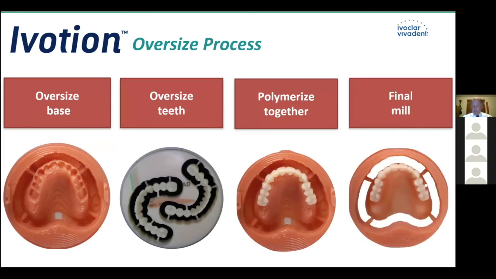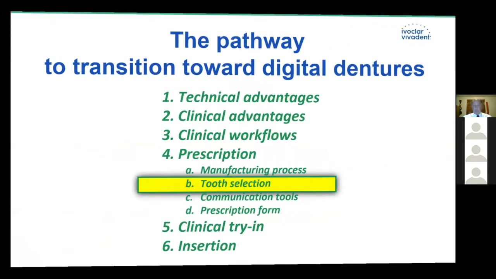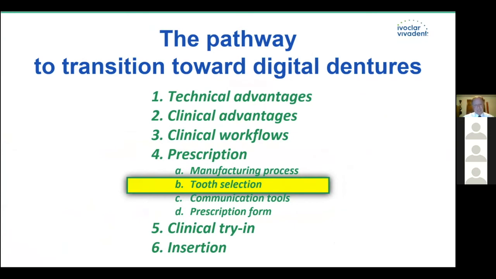So when it comes out, that interface is virtually non-existent because it's so well taken care of with that final mill. So there's no cleanup, no extra material, or no chance of sloppiness of any sort. And it's an excellent material, especially for situations where we can't use the Ivotion disc.